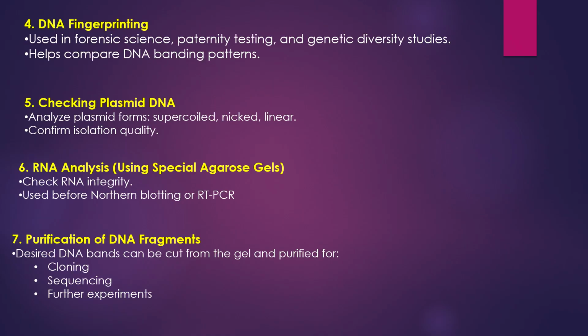DNA fingerprinting also has application. We can check plasmid DNA to analyze whether it is nicked or linear. RNA analysis can also be done, and purification of DNA fragments can also be checked with it. So these are the applications.